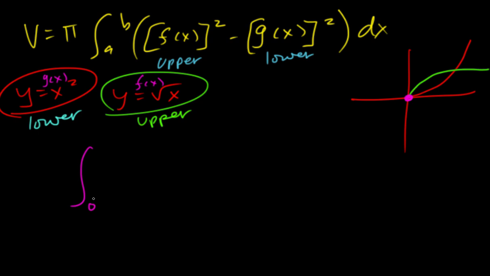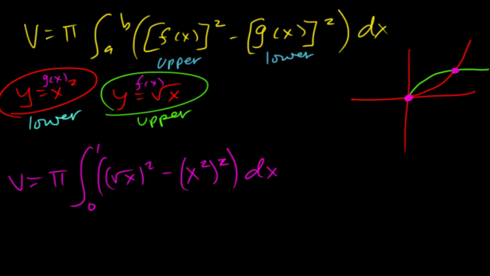So that's going to be 0 down there, and the value where they intersect right there is going to be 1, because if we plug in 1 here and 1 here, we'll end up with the same answer. Now we plug in square root of x squared, that's our upper, minus x squared squared, that's our lower, and then we have dx, and then we have our pi out in front.